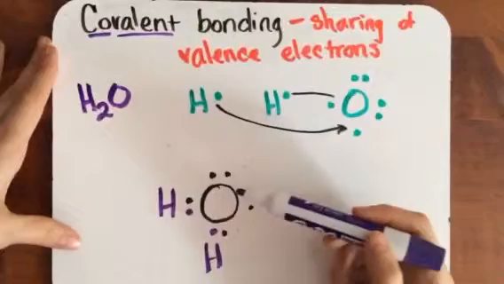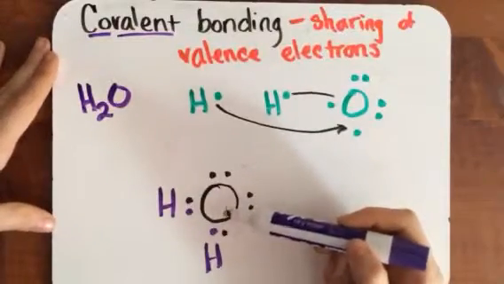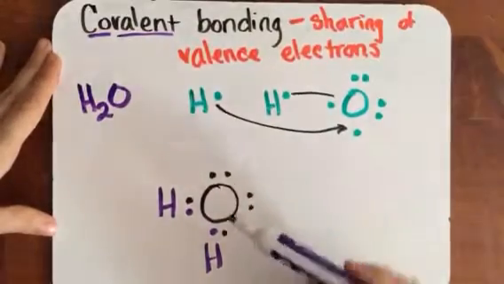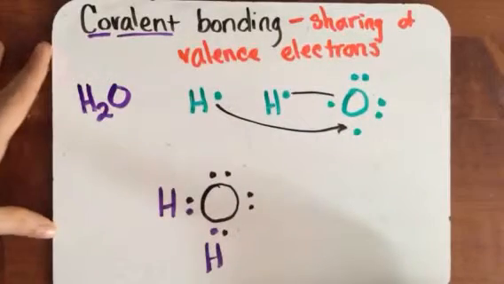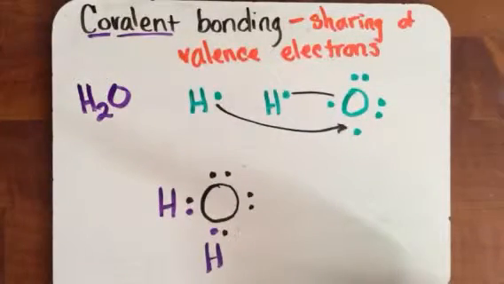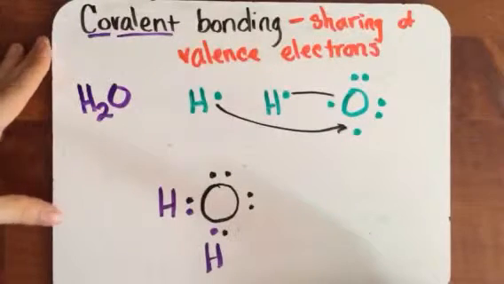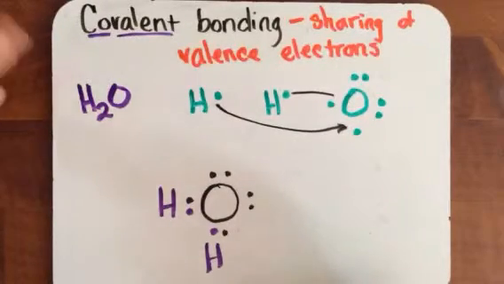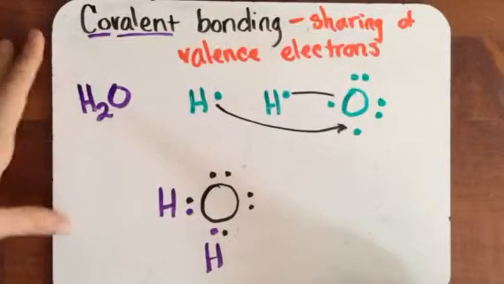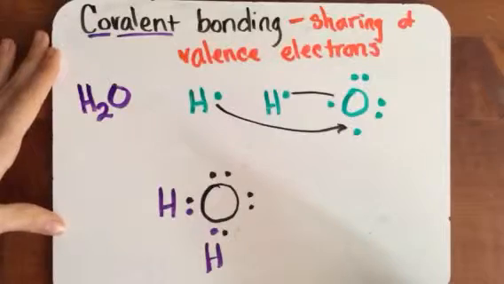So when you have covalent bonding, you actually have a single molecule with 1 oxygen and 2 hydrogens, as opposed to ionic compounds, where it was really just telling you the ratio of ions in the particular compound or unit.